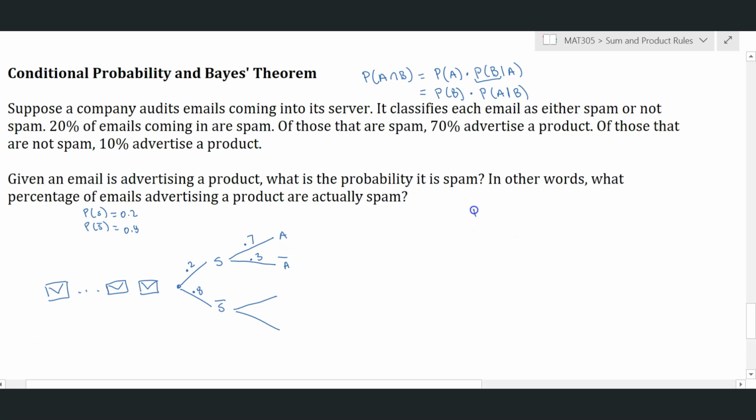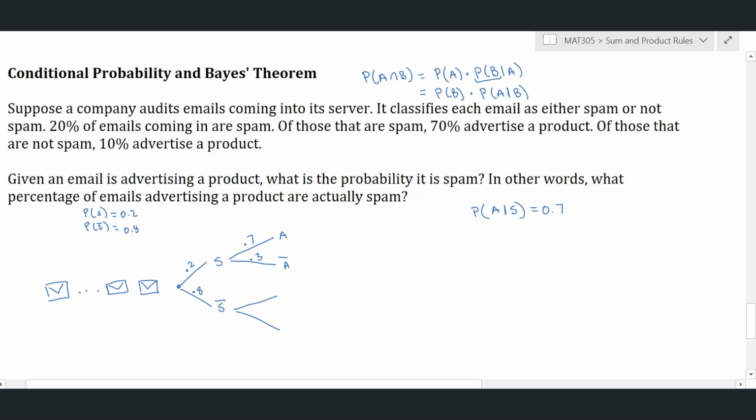So what does that mean? Well, that means that the probability that it advertises a product given that we know it is spam is 70%.